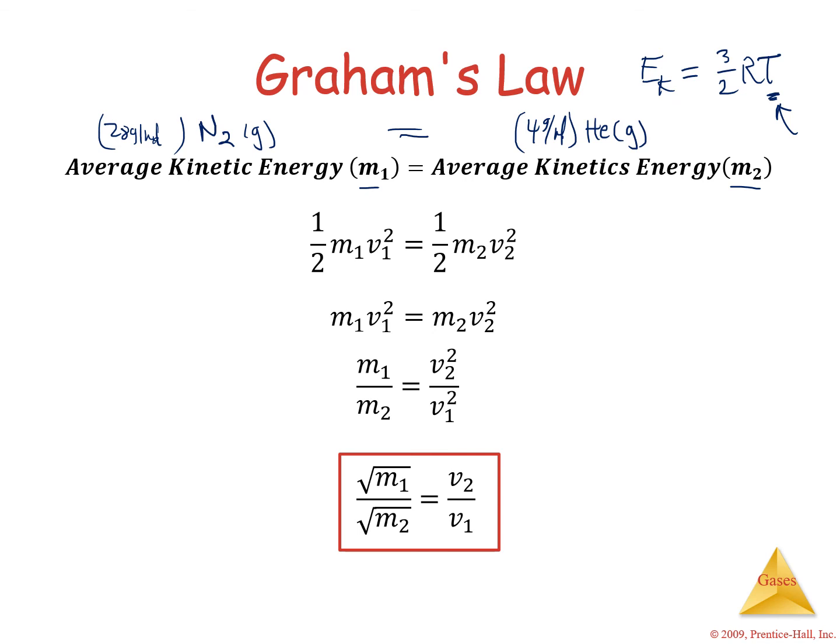You can express this with the formula for kinetic energy, mass times velocity squared: the mass and velocity of nitrogen, and the mass and velocity of helium.